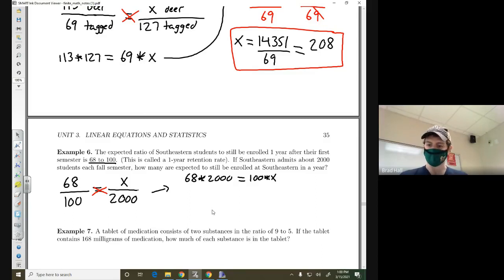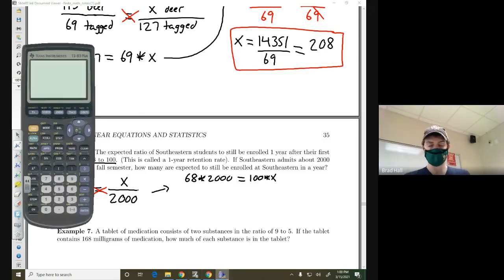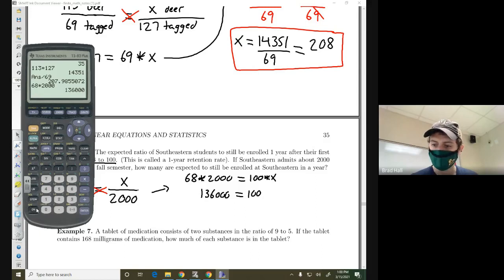So is that 100? 68 times 2 is 136. Get some zeros. 68 times 2,000 is 136 with some zeros. And 100 times x. Of course, we divide both sides by 100, which is pretty easy to do if you know to just trim off some zeros.